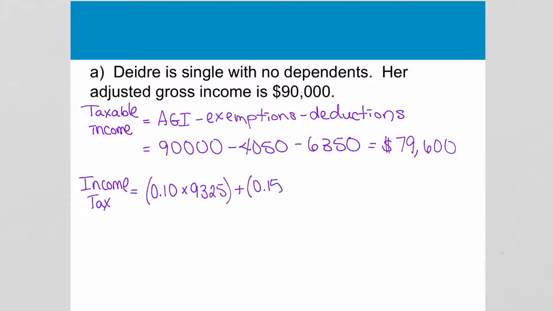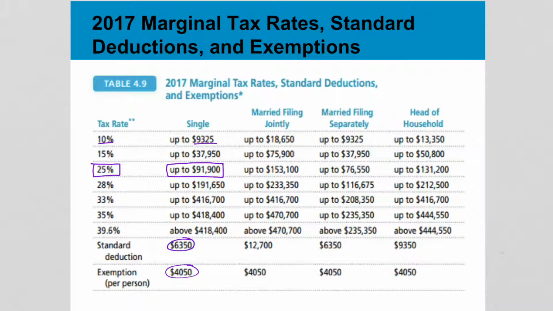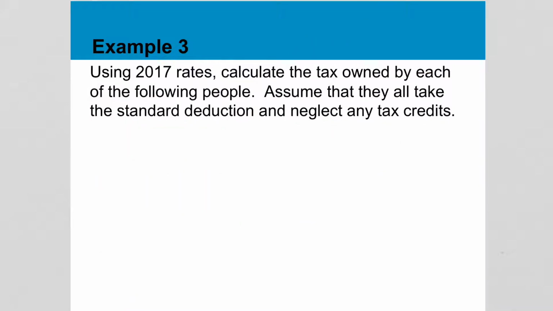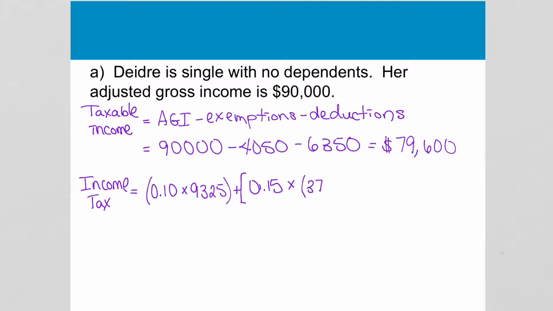Then it'll be 15% of, let's use a bracket here, 15% of the amount between here and here. So we have to subtract $37,950 minus $93.25 to get the amount in between. That's what she's taxed 15% on.